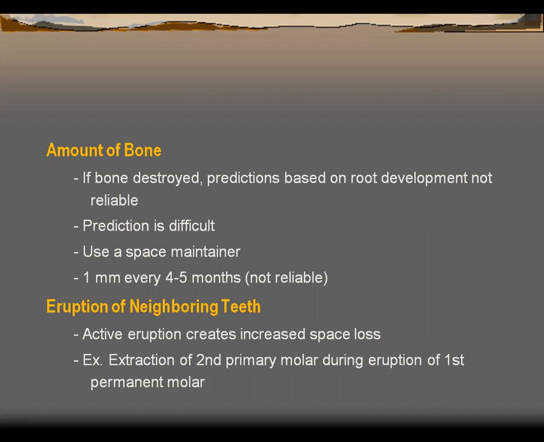But the succedaneous tooth will erupt at 11 to 12 years of age. So if you are not planning on giving any space maintainer, then that permanent first molar will erupt in the place of the second primary molar. So that is also important: the eruption of neighboring teeth at the time of extraction, or at the time of giving any space maintainer.